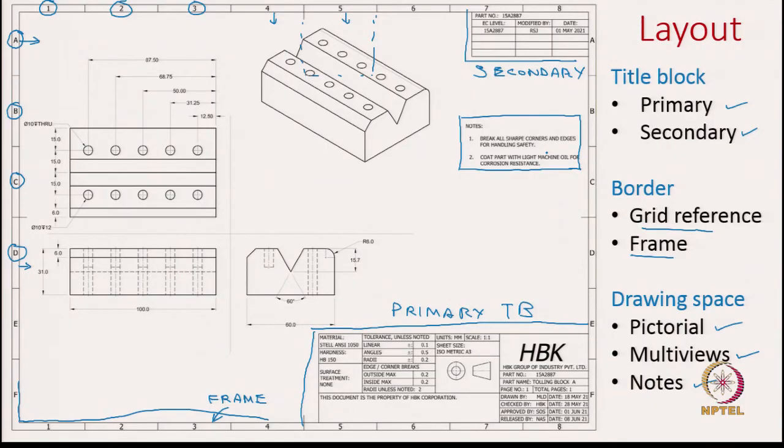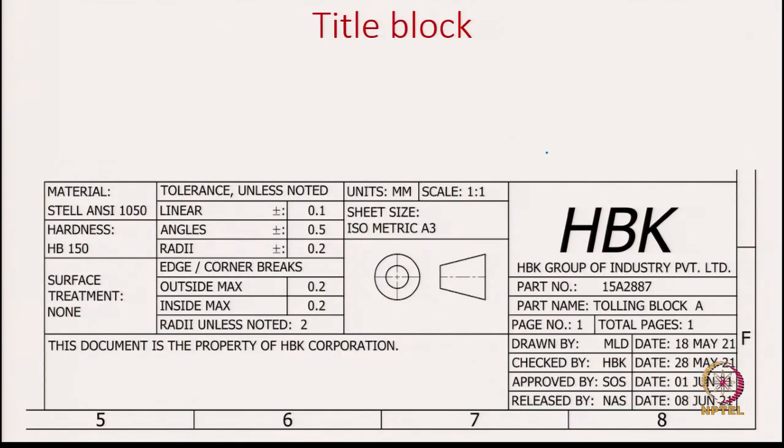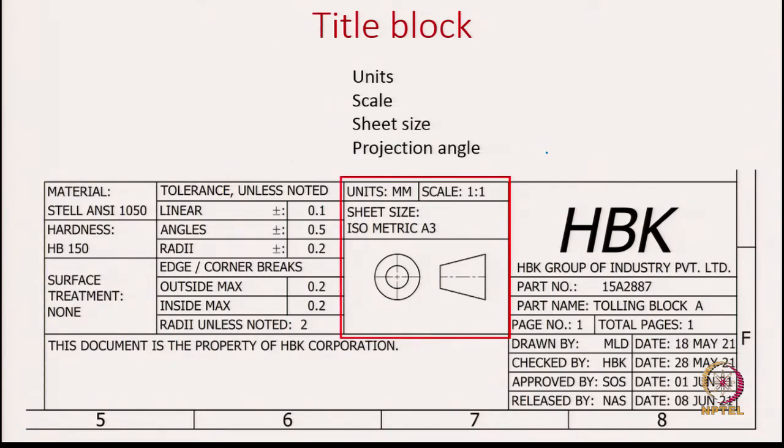Now let us look into the primary title block and see what information we have there. Here is the enlarged view from the previous slide. Here too there is plenty of information. We will look at one at a time. First, let us look at this block which has the units. You may use millimeters or inches depending on the location you are working in.